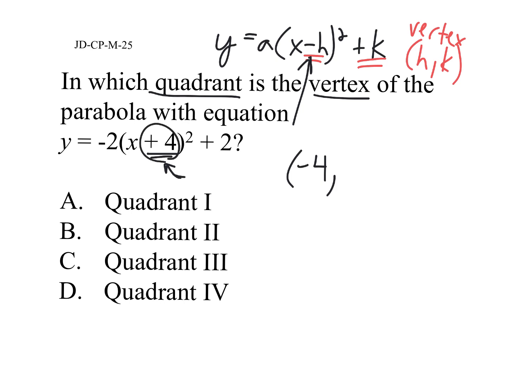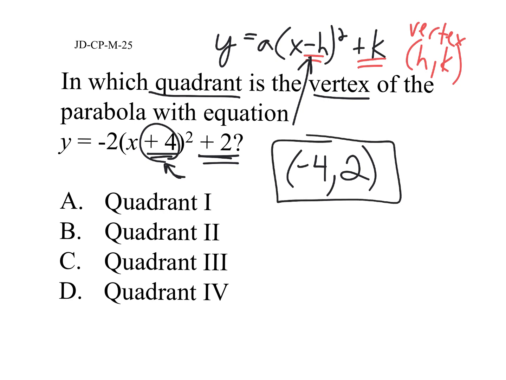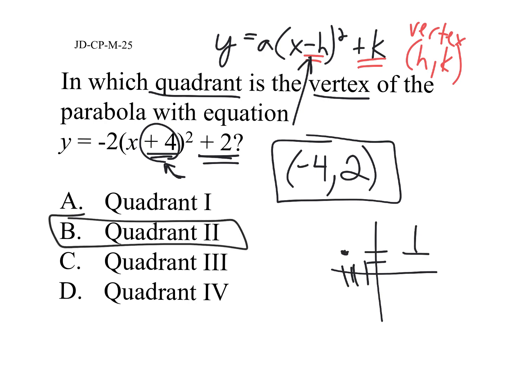So if this is a 4, then our x value of our vertex is -4, and then +2, so 2 is our y value. So -4, 2 is what we're looking at. -4, 2 would be up here, and so that would be in quadrant 2. Remember, the quadrants are 1, 2, 3, and 4.